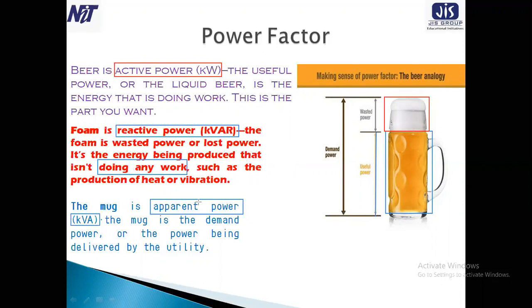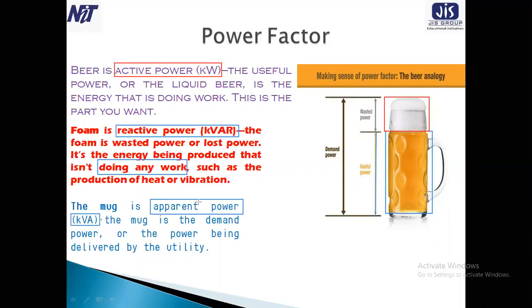So in our system, sometimes some temperature, some heat is produced, some vibration is produced, but that is actually the wastage of the system. That is actually the losses of the system. So this part is actually the reactive power, and you can say that it is one of the parts of the wasted power or lost power.